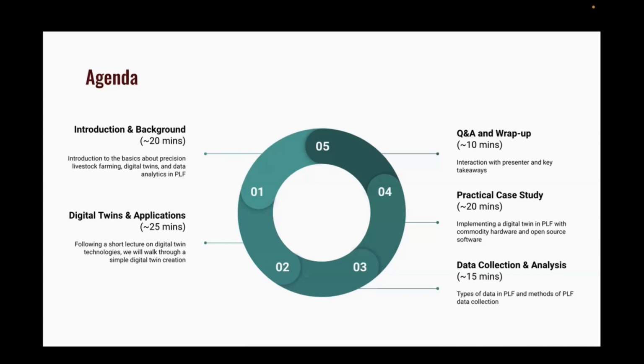And next we'll have a practical case study. That's a study we started; Dr. Tedeschi and his group have been working on that physical facility, and we are trying to help get the data collected and analyzed on our own. It's still an ongoing project, but we do have a list of commodity hardware you can buy, most of it from Amazon.